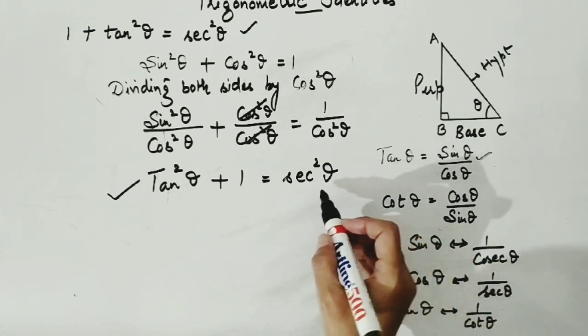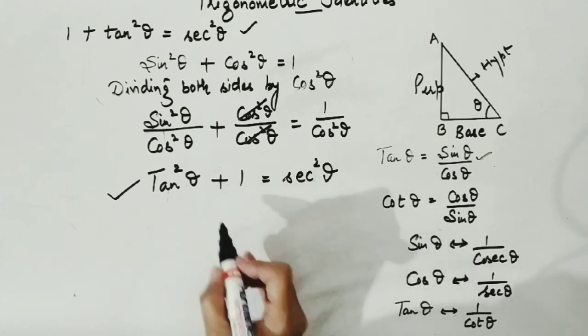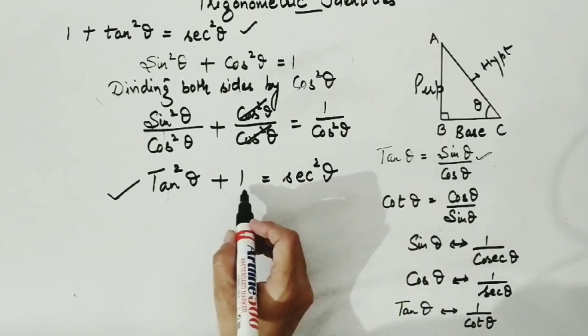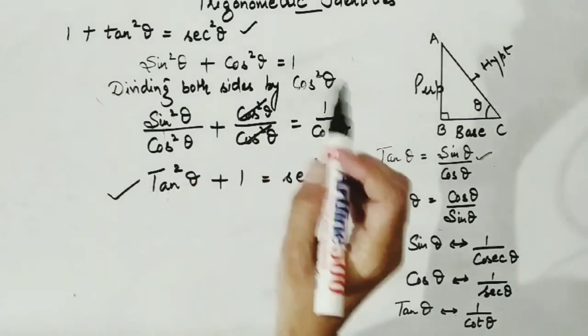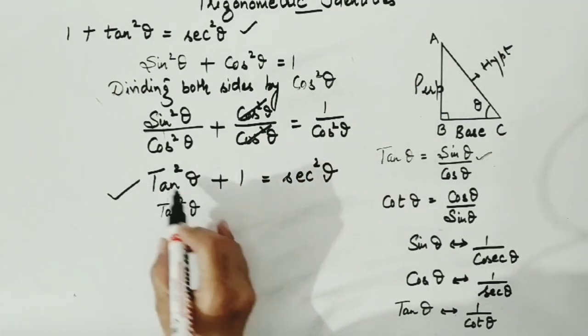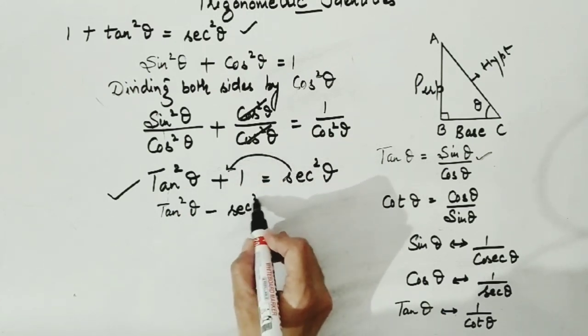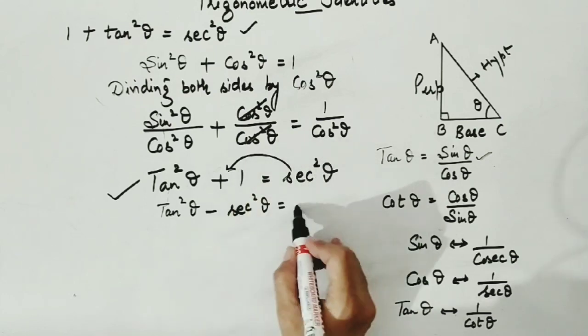Conversion. From here, two conversion identities can be made. At times there are questions in which we have just 1 given. So 1 can be replaced by tan square theta minus secant square theta. 1 or minus 1? Minus 1.